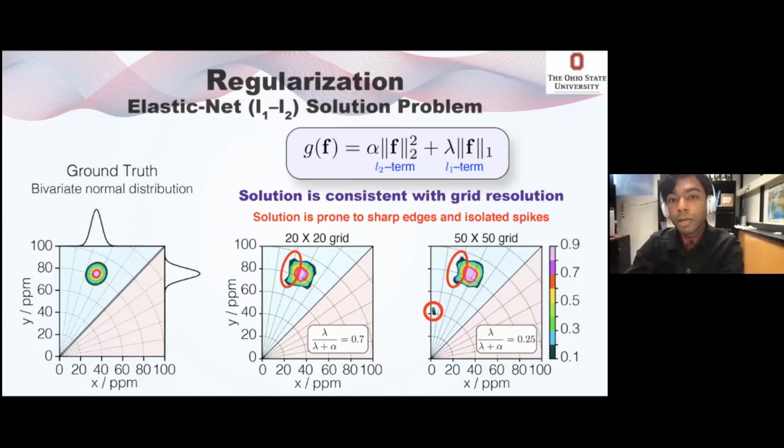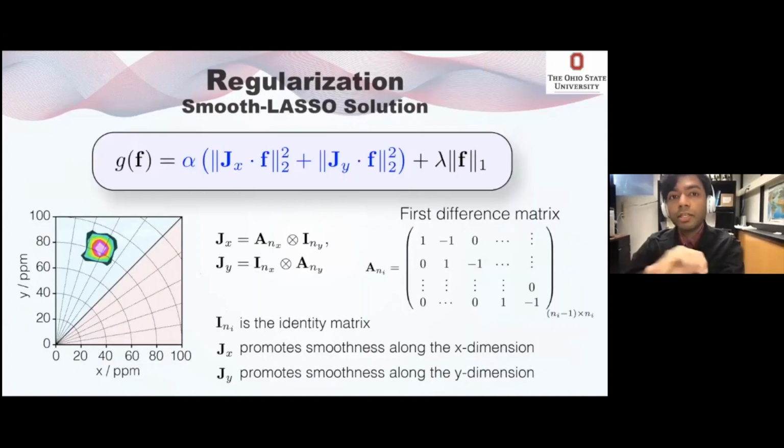The problem that we see here is now these solutions have sharp edges, and some of them may also have isolated spikes. So to remove these kinds of issues in this solution, we can use something called a smooth-LASSO, which is again a combination of an L2 term shown in blue here and an L1 term, as we've seen before.